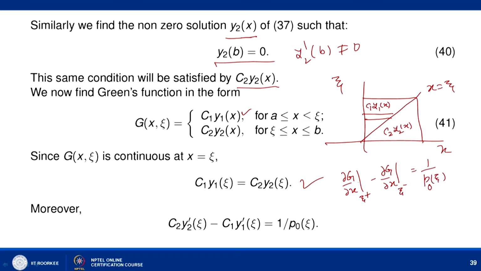The xi plus region is where x is bigger than xi. So, c2 y2'(xi) minus c1 y1'(xi) equals 1 upon p naught(xi). So, we have these two conditions.